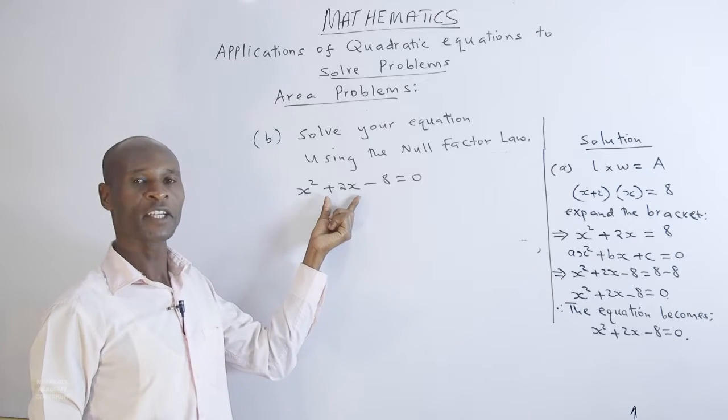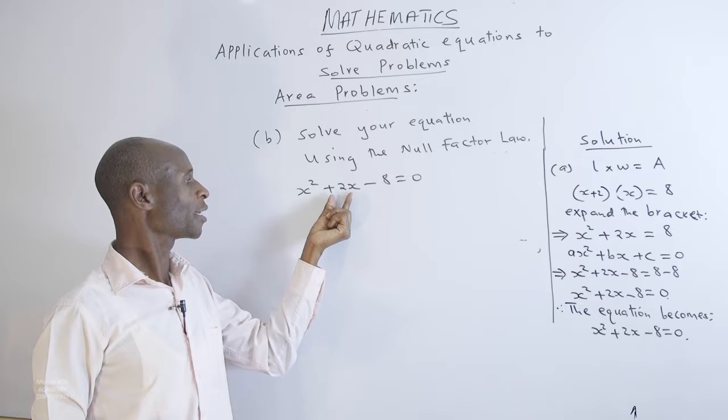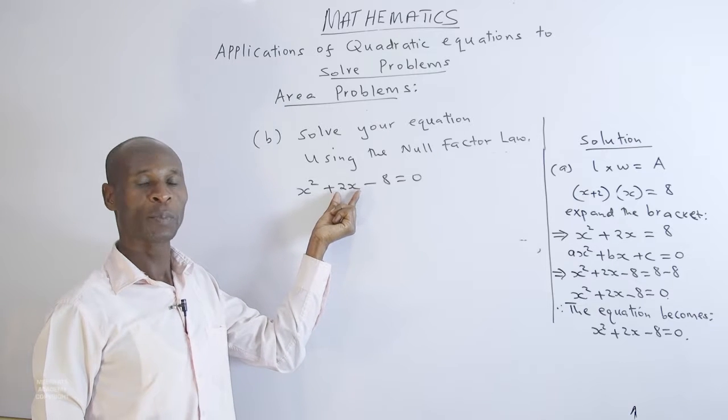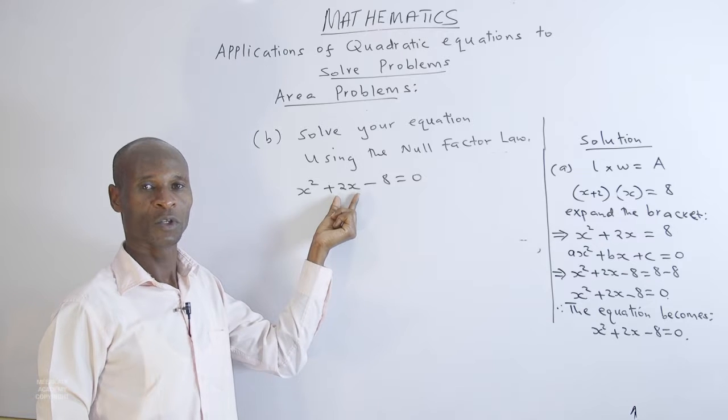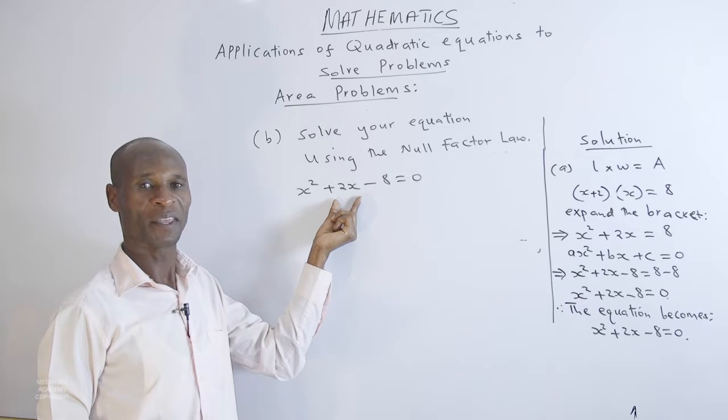Because this is a trinomial, we are supposed to split the middle term so that we have 4 terms. The 4 terms will assist us to carry out factorization by grouping.